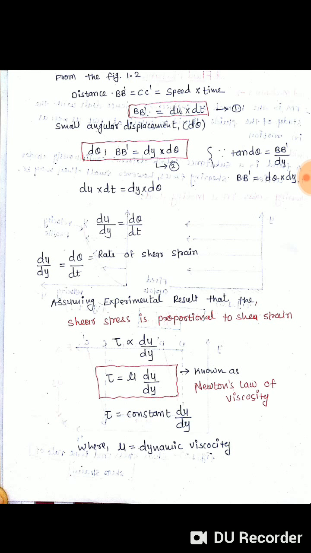Now again, BB dash we can also calculate with the help of the angular displacement. Assume that the angular displacement is very small, so we can directly use tan theta equal to BB dash divided by dy. This d theta is very small. So BB dash is equal to d theta into dy.